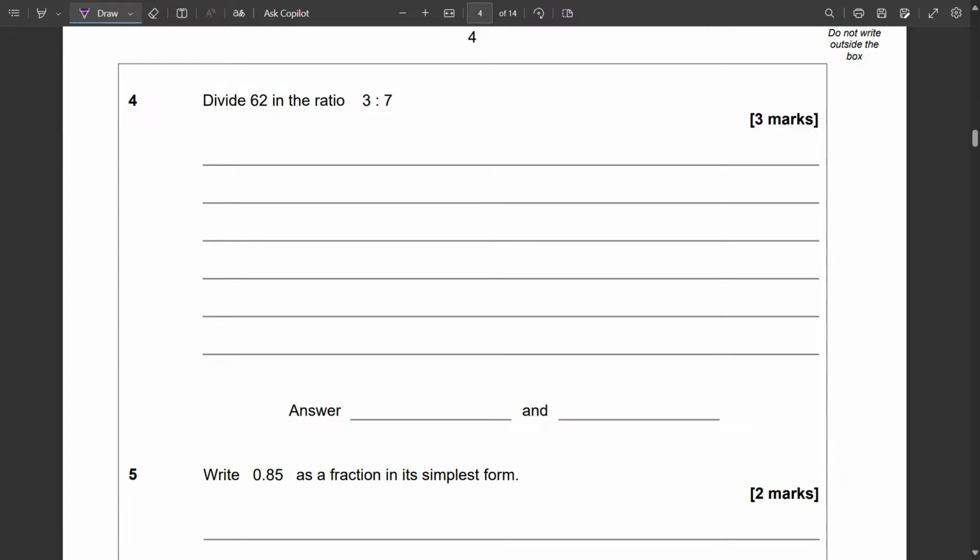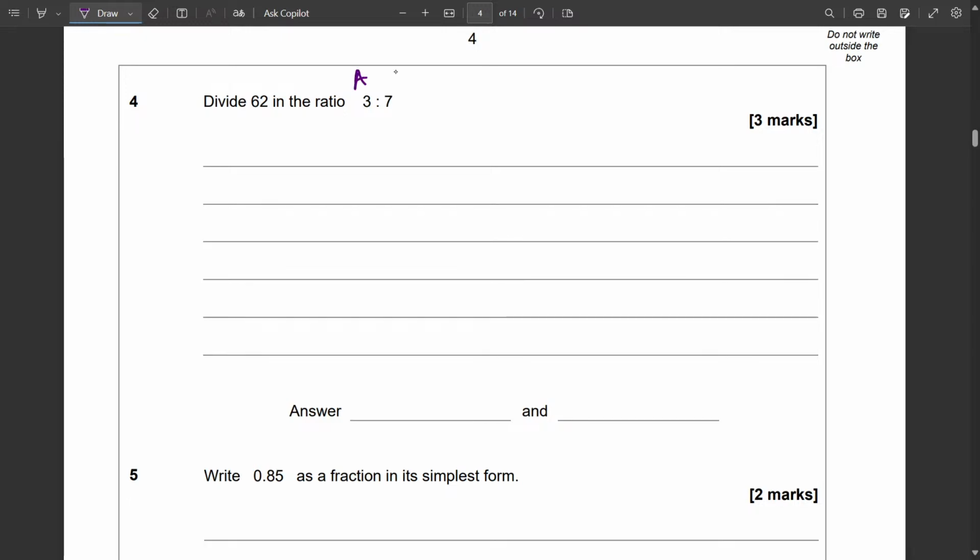The first thing we need to do is imagine there are 62 pounds. You're sharing 62 pounds between two groups, or imagine you get paid 62 pounds for doing a job that took 10 hours. Say person A did 3 hours and person B did 7 hours.